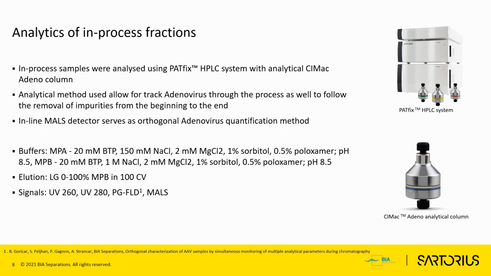An additional feature of such HPLC analytics is a multi-angle light scattering detector, and it serves as an orthogonal quantification method. Another very important tool we are exploiting in this analytical method is also the usage of PicoGreen staining. Since PicoGreen binds to DNA, it also helps us to follow the removal of chromatin and DNA residuals known to cause side effects in vaccines.